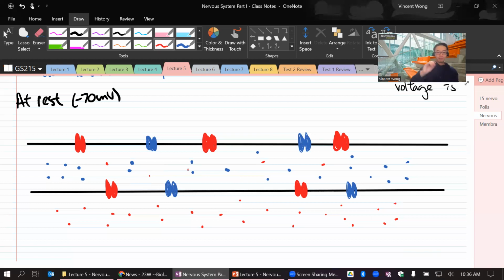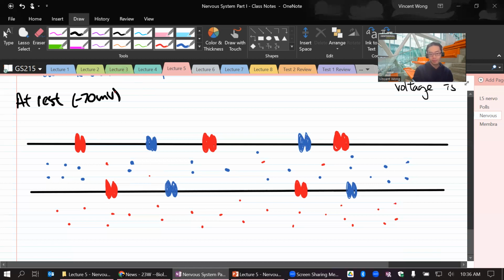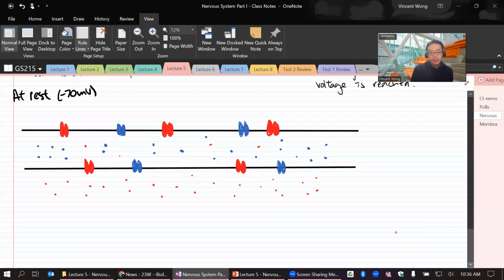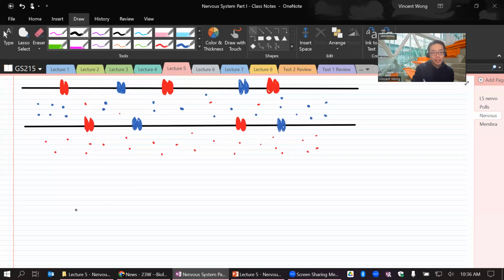Then something happens, like a stimulus arrives. So I'm gonna draw a new one here. This is in the other diagram.